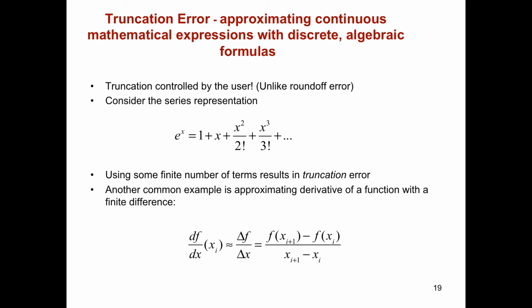Another common example in using approximate formulas is the one that we use for the derivative. For a very small class of functions like polynomials, trigonometric functions, and so forth, I actually have a formula that gives me the derivative of a function. For the majority of data out there that we still treat as functions, for instance, Verilog data, it's simply data points.